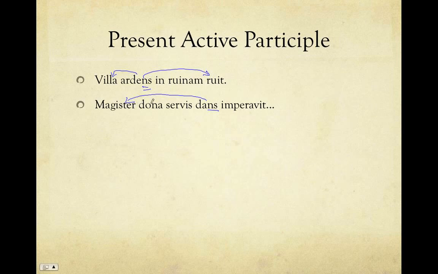And here we could translate the master, although he was giving gifts to the slaves, the master while giving gifts to the slaves, the master who is giving gifts to the slaves, the master if he gives gifts to the slaves. All of these are considered legitimate translations, and you just need to use context.